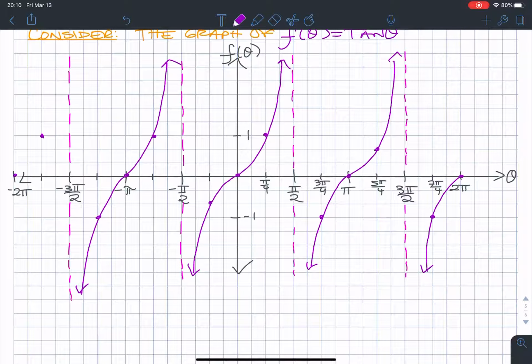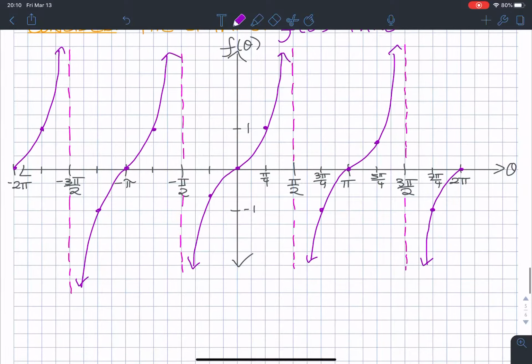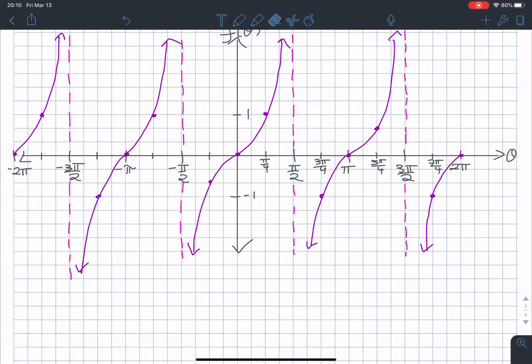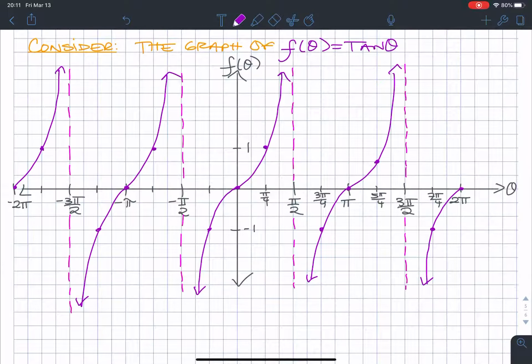And 0 at negative 2 pi, so it looks something like so. Okay, and it looks like I got this part of this graph wrong. My point was a little bit too high, so there we are. So that looks better.